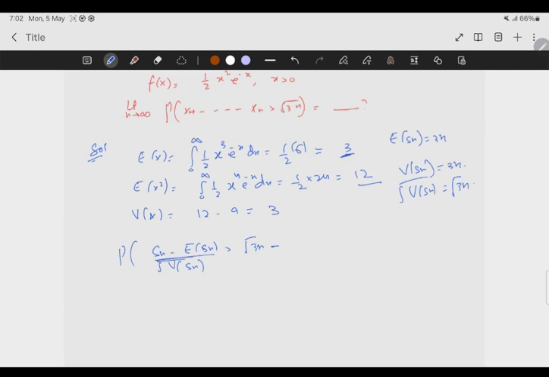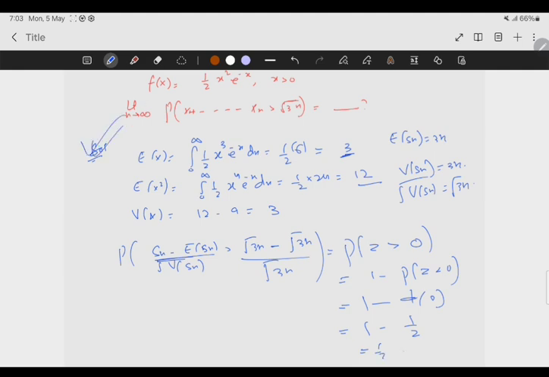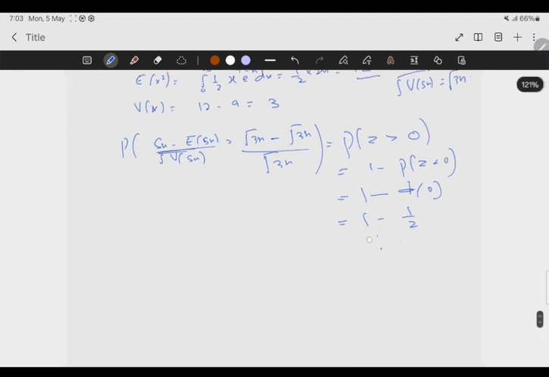So (under root 3n minus 3n) divided by under root 3n, that is probability Z is greater than 0, which is nothing but 1 minus probability Z is less than 0, which is 1 minus phi of 0, which is 1 minus 1/2. This is equal to 1/2.